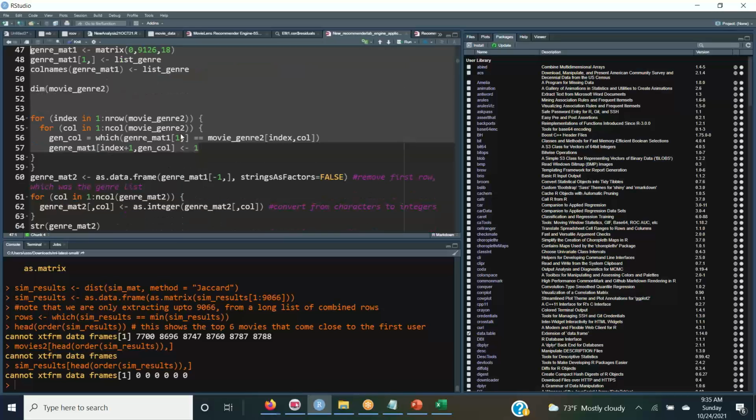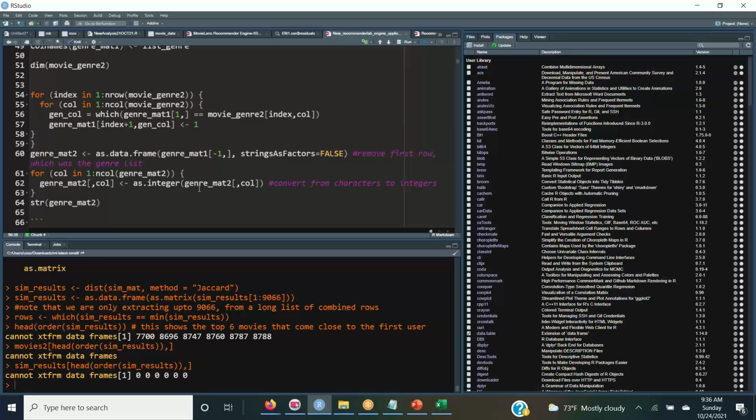Okay. And then because there are a couple of times the header is there, when you do the matrix multiplication or computation, you don't need the header. Headers are V1, V2, V3 like that. You can check it out. So we want to remove it. If not V1, V2, it is probably the genre names. So we remove that also. Now it is a pure data matrix, as a data frame, so we can do all the calculations.